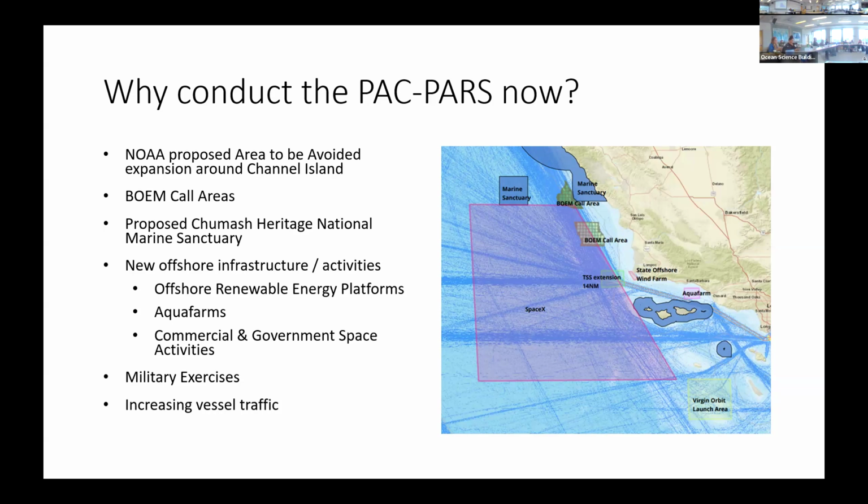And what we found is that most of the increased AIS pings were from recreational vessels. Most recreational vessels aren't required to carry AIS, but over the years, an increased number of vessels have. So we believe that is the primary driver of the increased vessel activity.